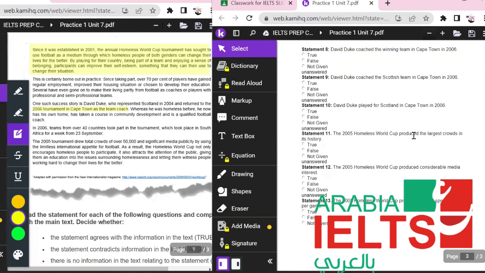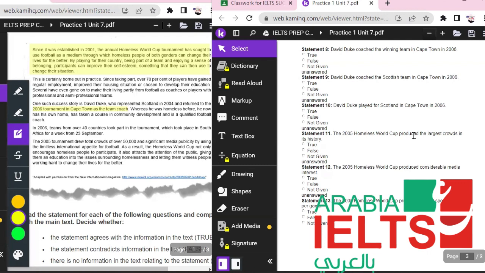This one says 50,000 per game, but it should be 50,000 in total for the competition. The information is given, but are they talking about 50,000 per game or in total? In total. So is this not given, or is it false?